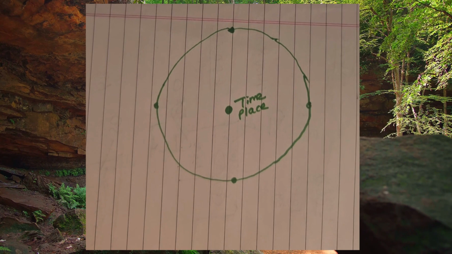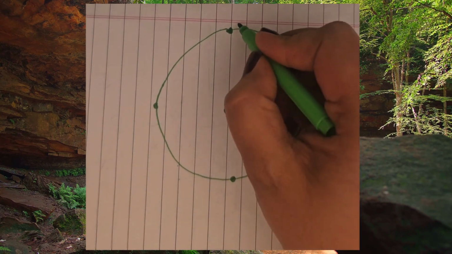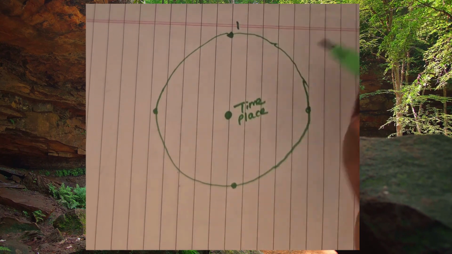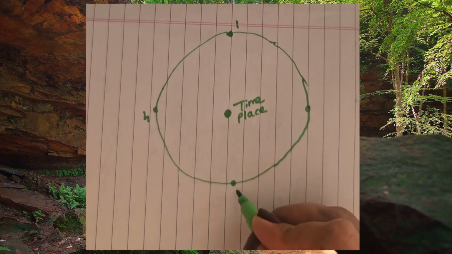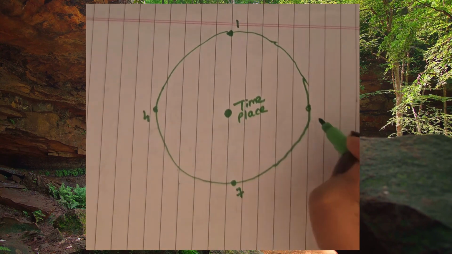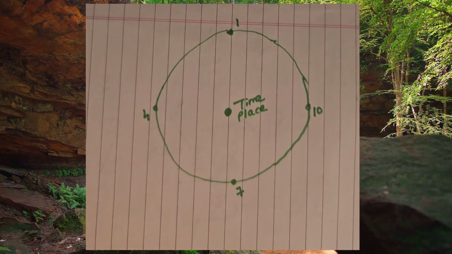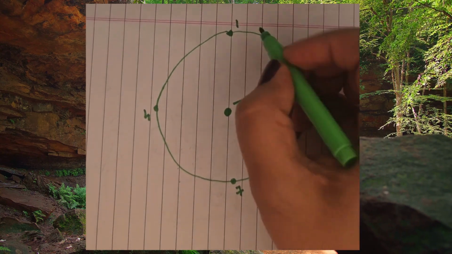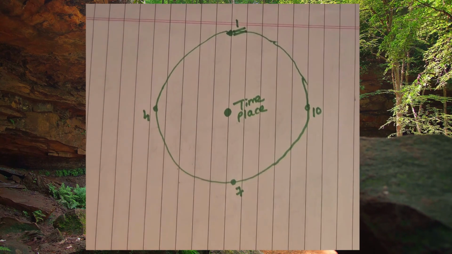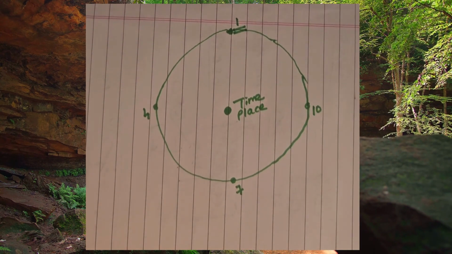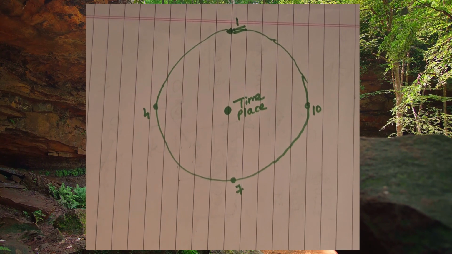So what do we mean by that? Let's first number. So this is 1, this is 4, this is 7, and this is 10. The first corner or the first pillar, let's call them the 4 pillars of human life.